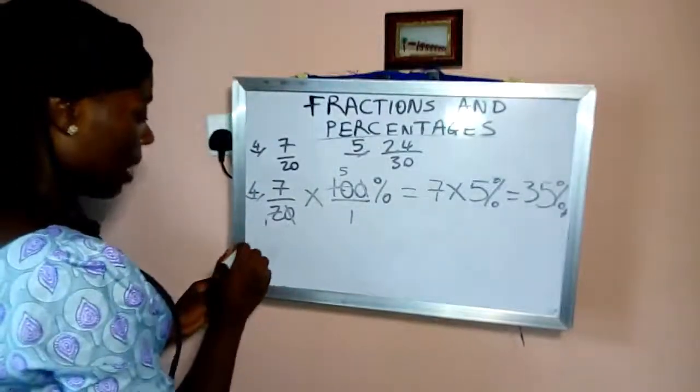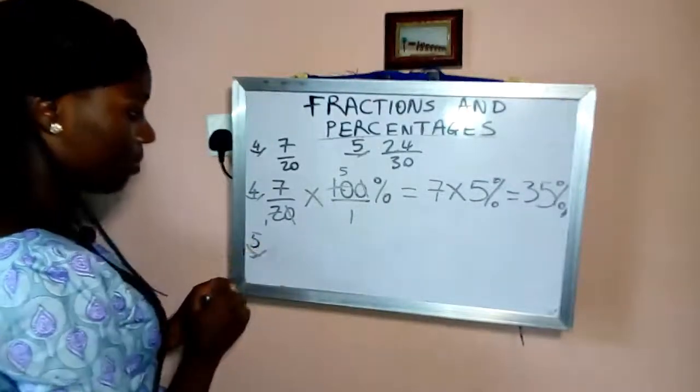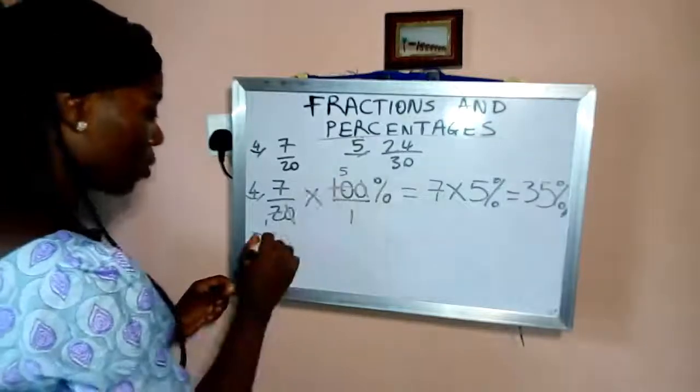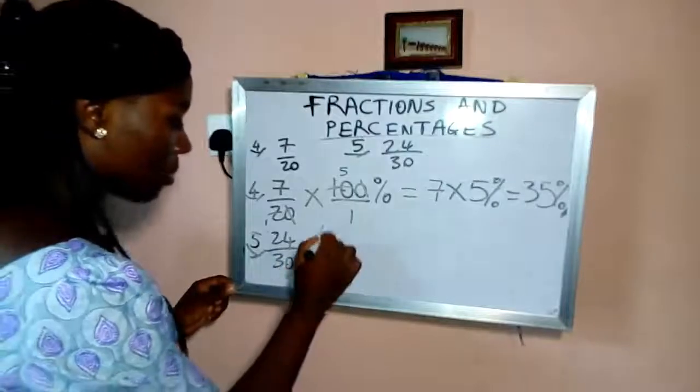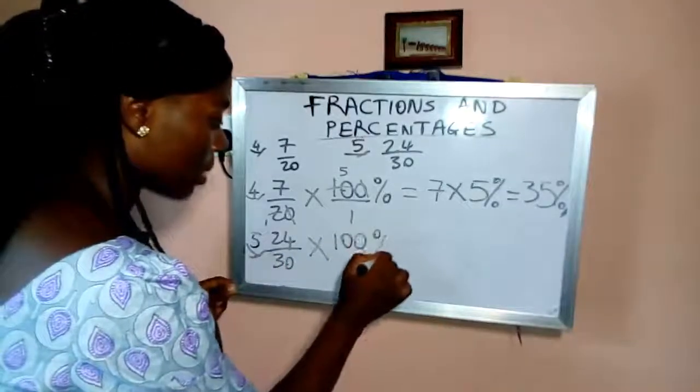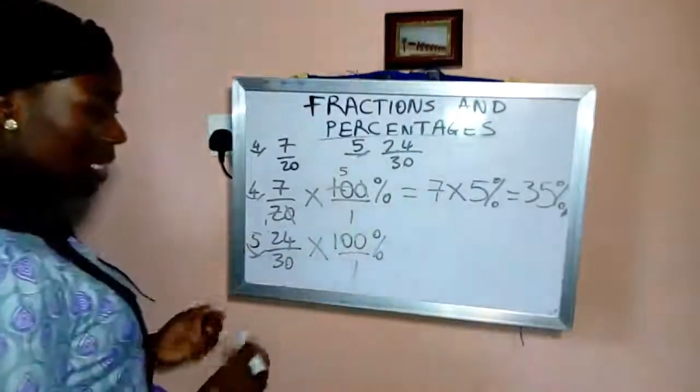Okay, now let's see our number 5. Number 5, we have 24 over 30. Again, I multiply by 100%. Okay, I can easily cancel out.